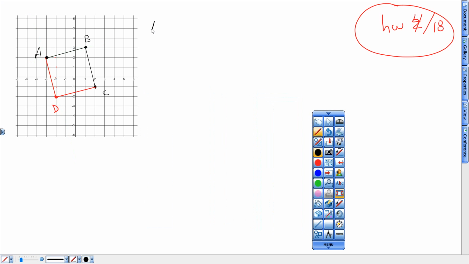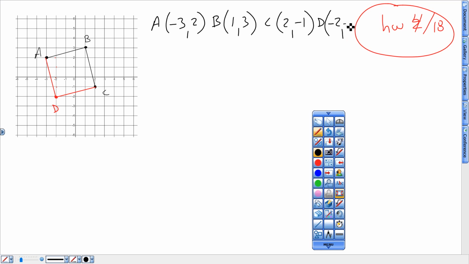First thing I'd like you to do is write down all of these coordinates and double check that these are correct. There's my A, my B is 1, 3, my C is the point 2, -1, and of course my new point D that I just got by reproducing that is -2, -2. Don't mess up on the coordinates.